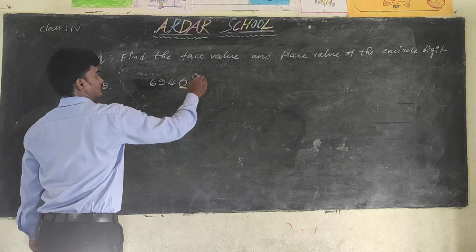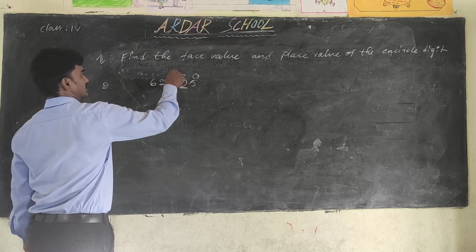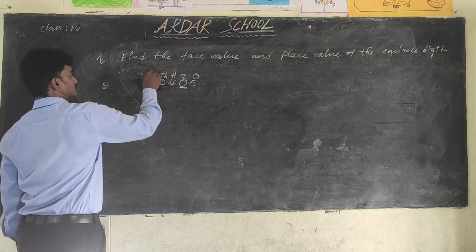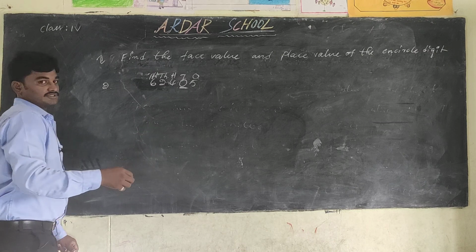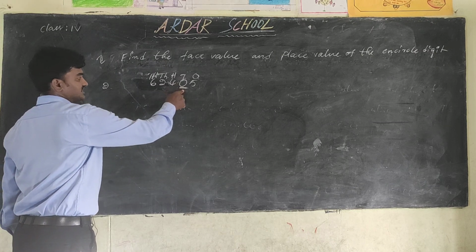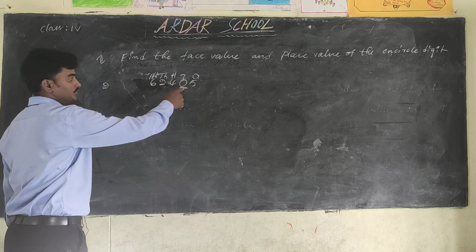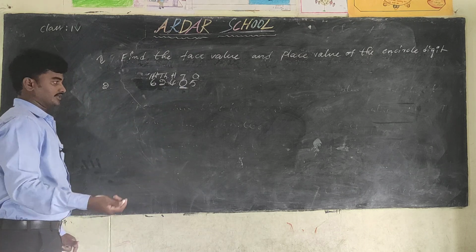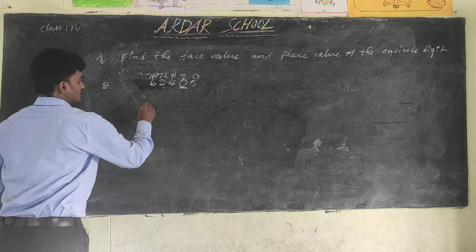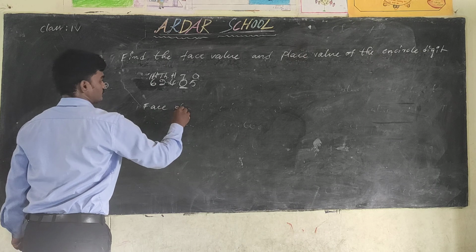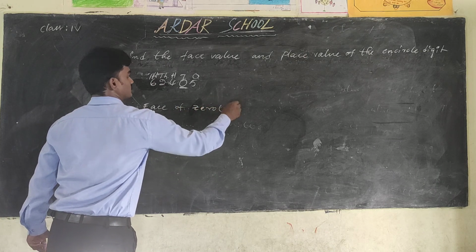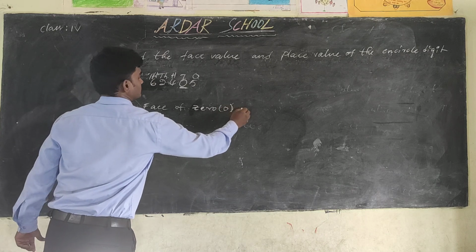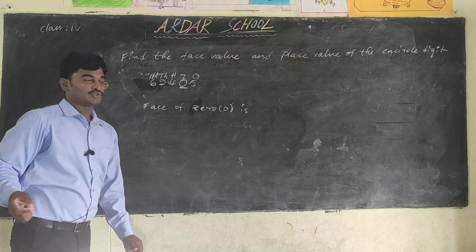So again let us see the places: ones, tens, hundreds, thousand, 10,000. Now let us know the face value of the 0 and also place value of the 0. So here face value of 0. Do you know the face value of 0?